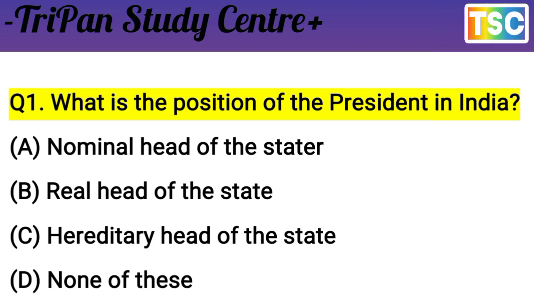The president supervises the overall functioning of all the political institutions in the country so that they operate in harmony to achieve the objective of the state. It means option A is correct: the nominal head of the state.